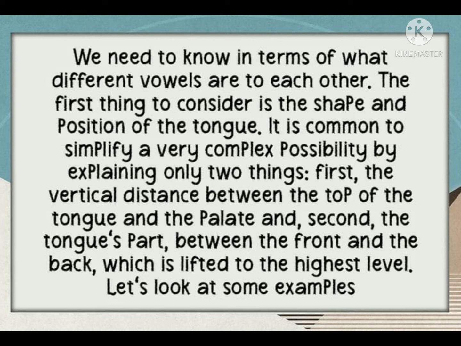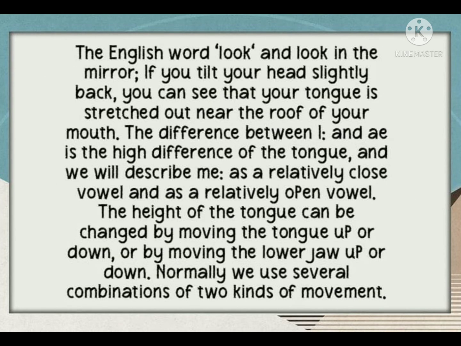It is common to simplify a very complex possibility by explaining only two things. First, the vertical distance between the top of the tongue and the palate, and second, the part of the tongue between the front and the back which is raised to the highest level. Let's look at an example. Say the English word see and look in the mirror.